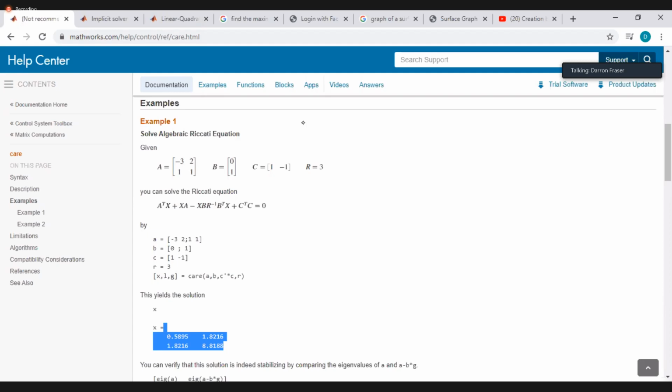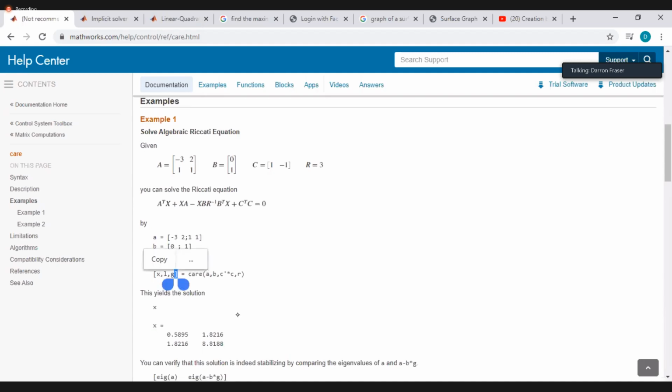So I would like you to put this in because I don't see the gains of the system that you're supposed to get. I see L and I see X. So L, I say, represents the eigenvalues of the new system. X represents the matrix recursive equation solution that you're supposed to solve for. It's like when you solve for X and Y and lambda. So X represents the matrix solution that you get.